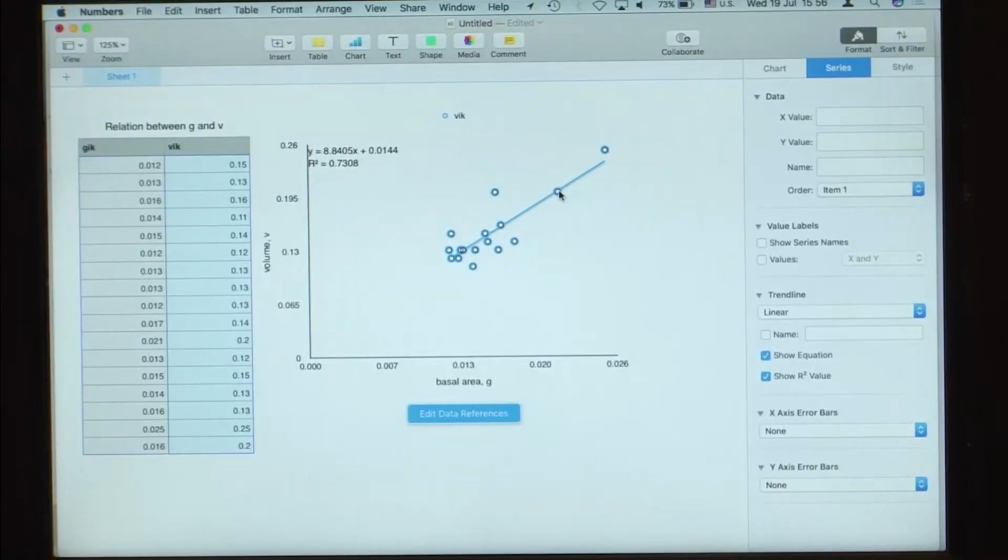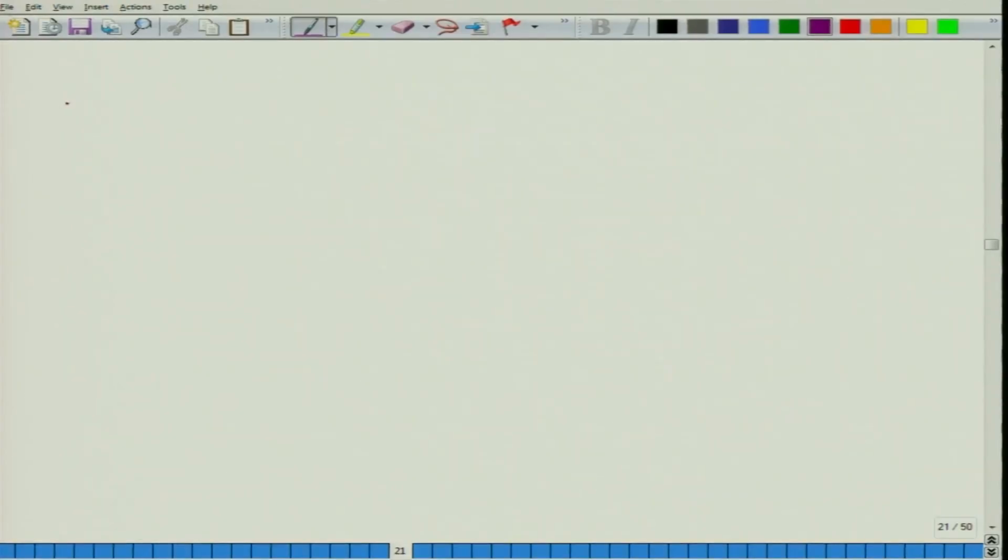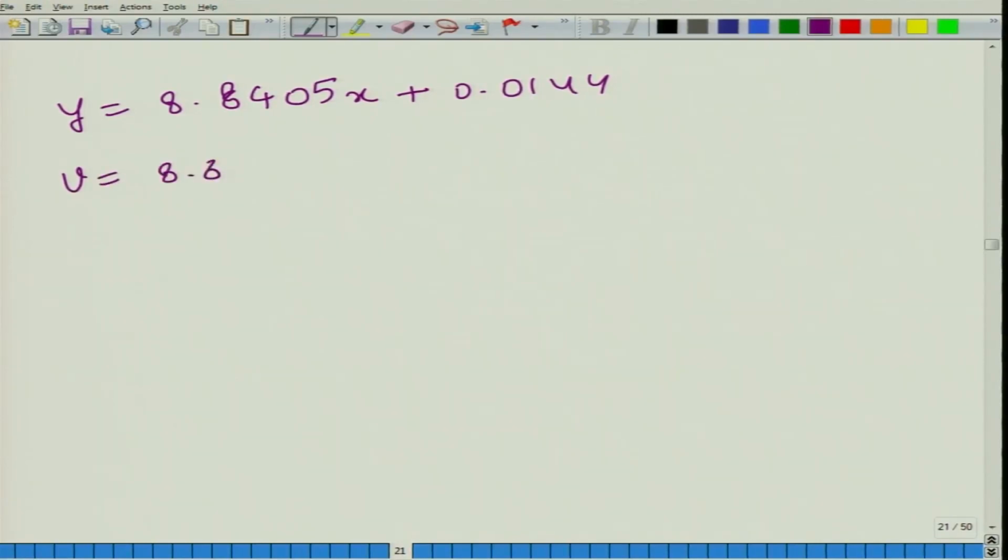So, now coming back to the tablet, we had received a formula of y is equal to 8.8405x plus 0.0144. Now, here the y value was the volume value. So, volume is 8.8405 multiplied by the basal area plus 0.0144 is the regression equation that we will get in this case.